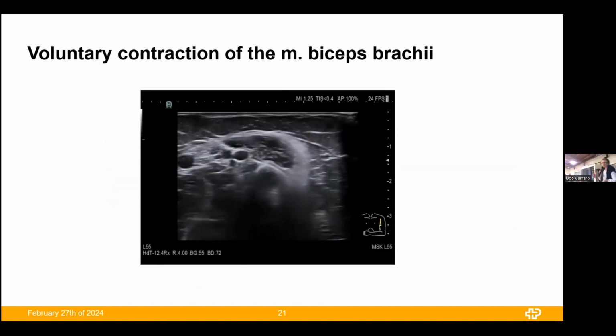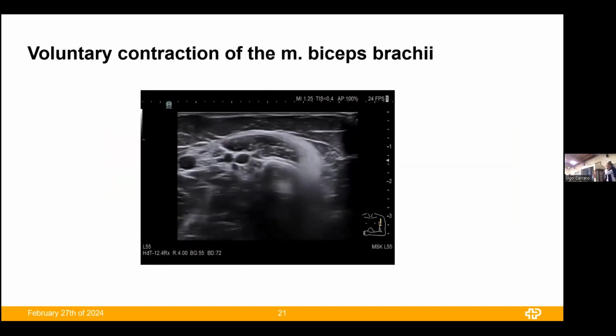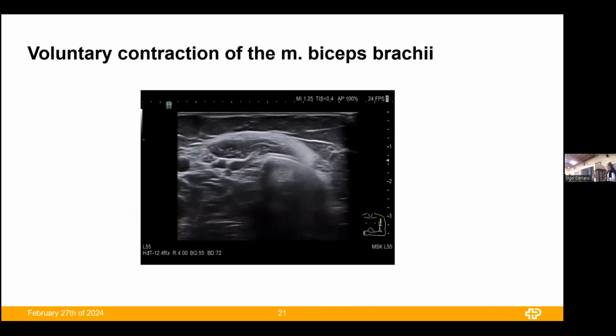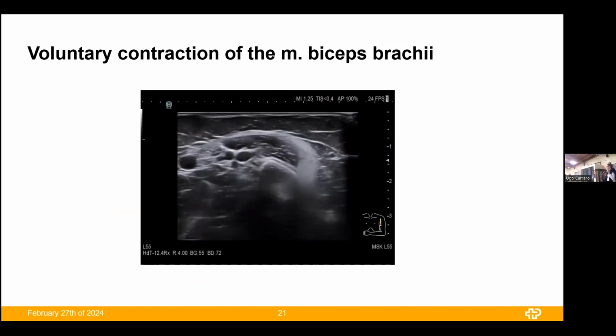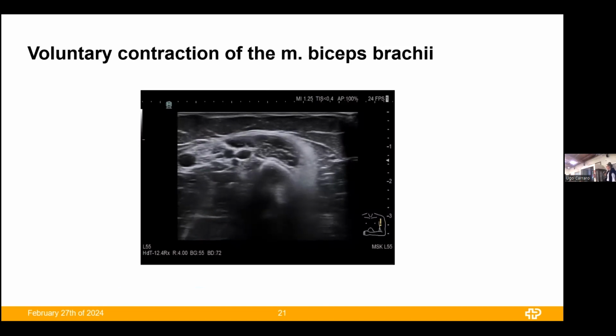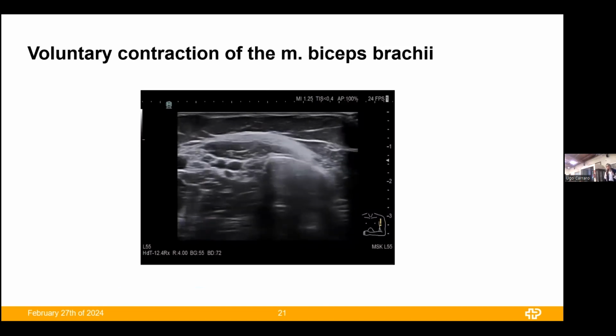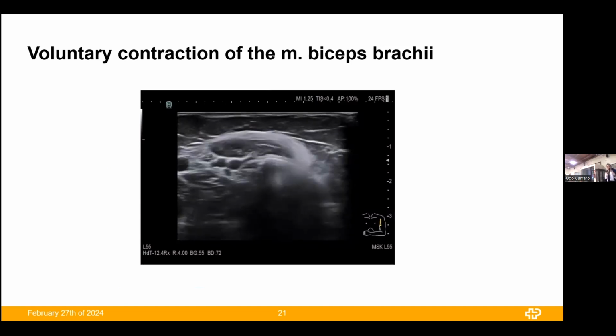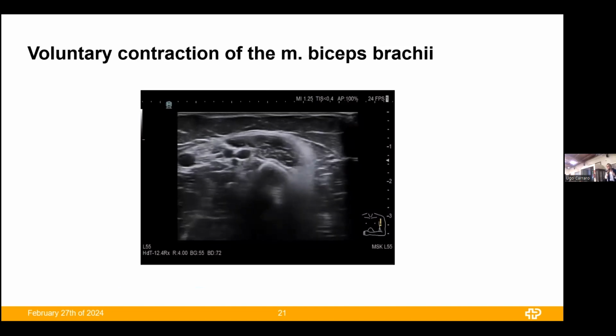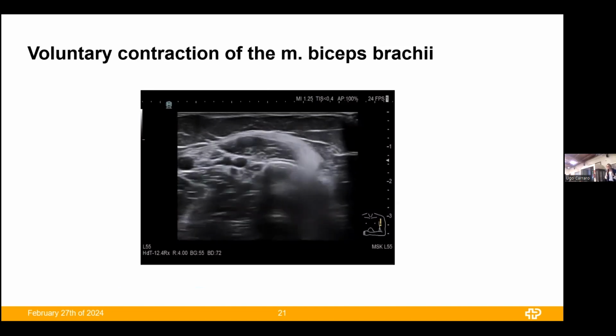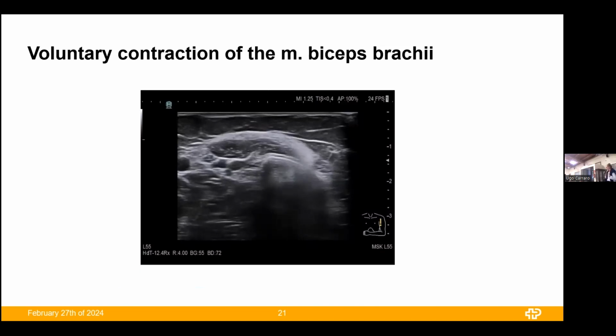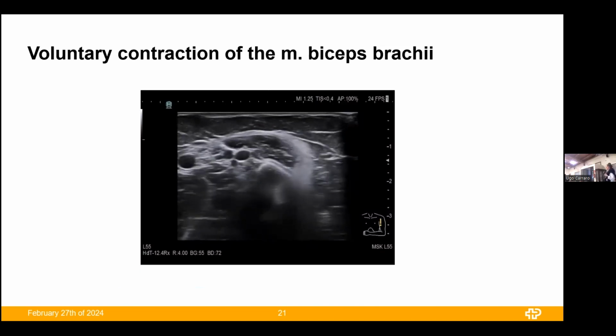And as a comparison to the stimulation of the biceps, I wanted to show you that she's actually able to move her arm or bend, activate her biceps. But we also see that quite a big part of her biceps looks highly echogenic in the ultrasound, which is an indication for the denervation.